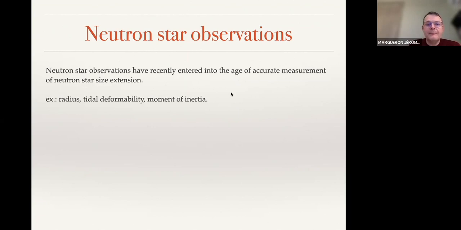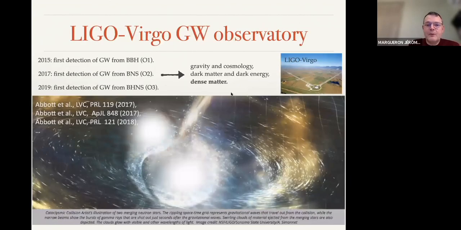observations and new detections. One of them is the detection of gravitational waves from the LIGO-Virgo Observatory. It started in 2015 with the first detection of binary black holes during the O1 run. Then in 2017, it was the first detection of a binary neutron star during O2.